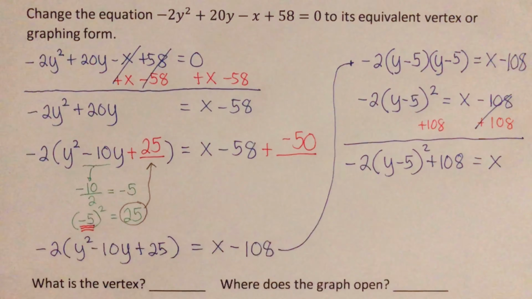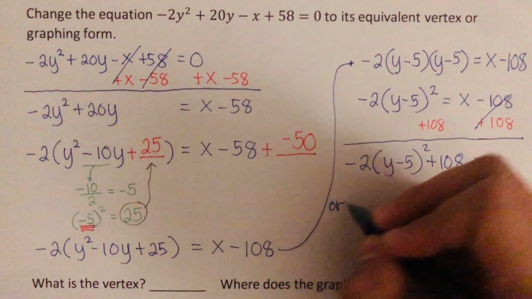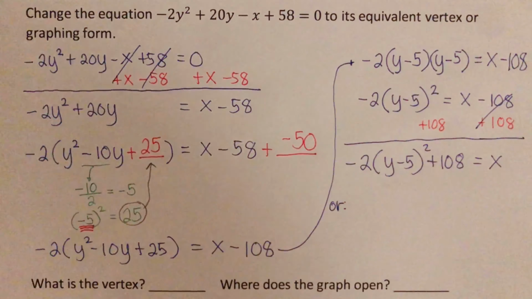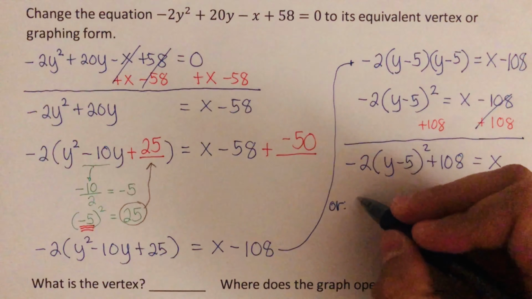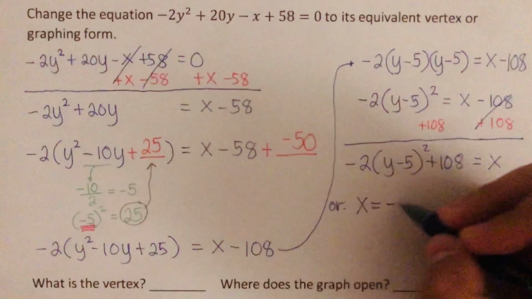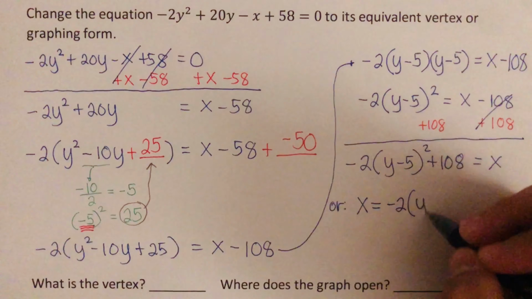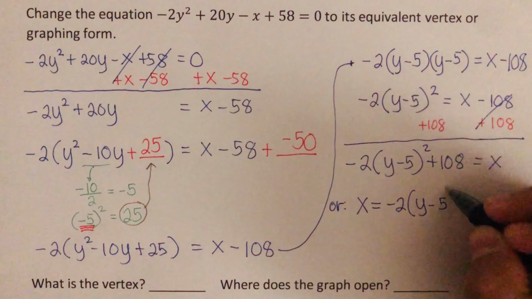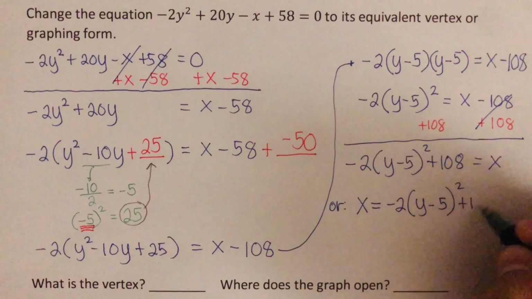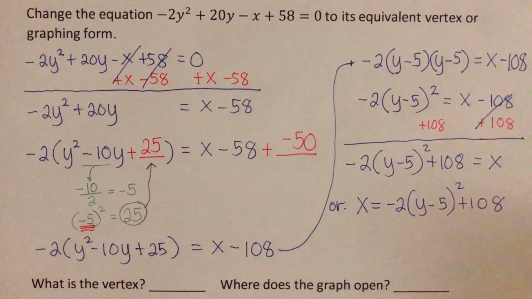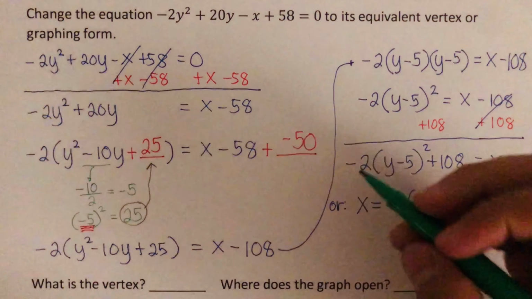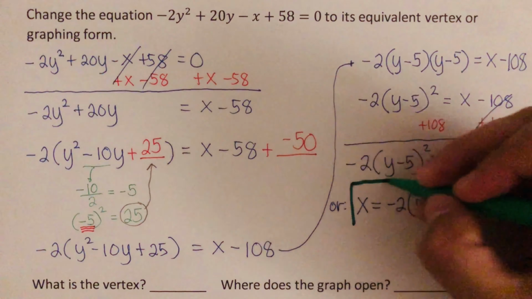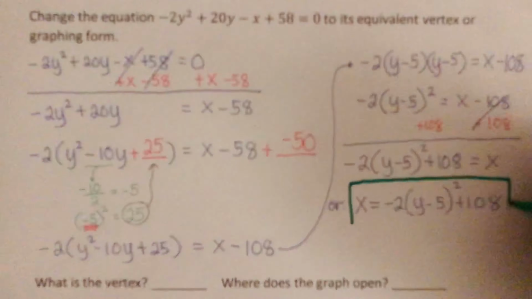Or if we want the x on the left side, we can go ahead and rewrite this and switch the two sides of the equation. That would be x is equal to -2, then that's y -5, that's squared, plus 108. And so this is the graphing form of this equation up here.